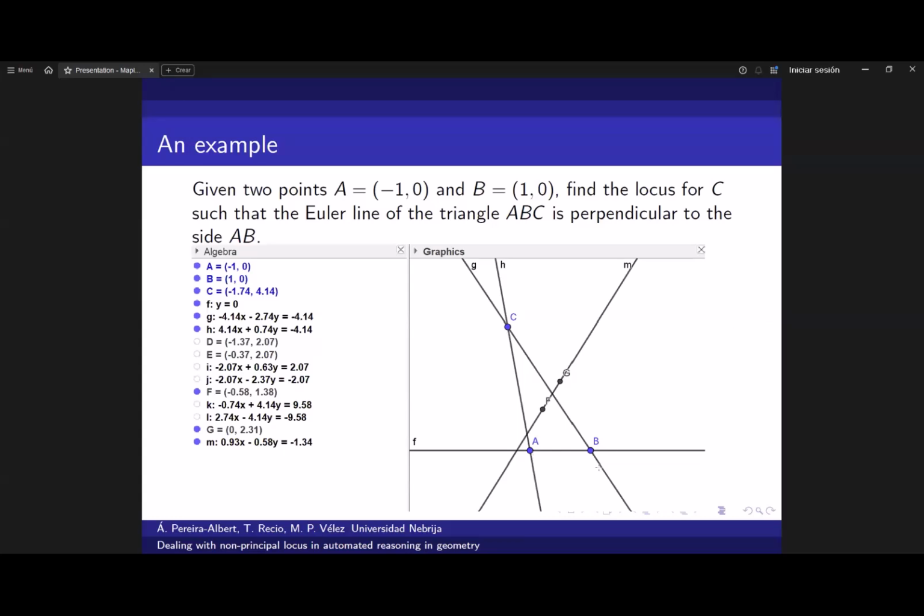We get three points A, B, C, where A and B are fixed, and C is the point that we're going to move. F and G are two different centers of this triangle.